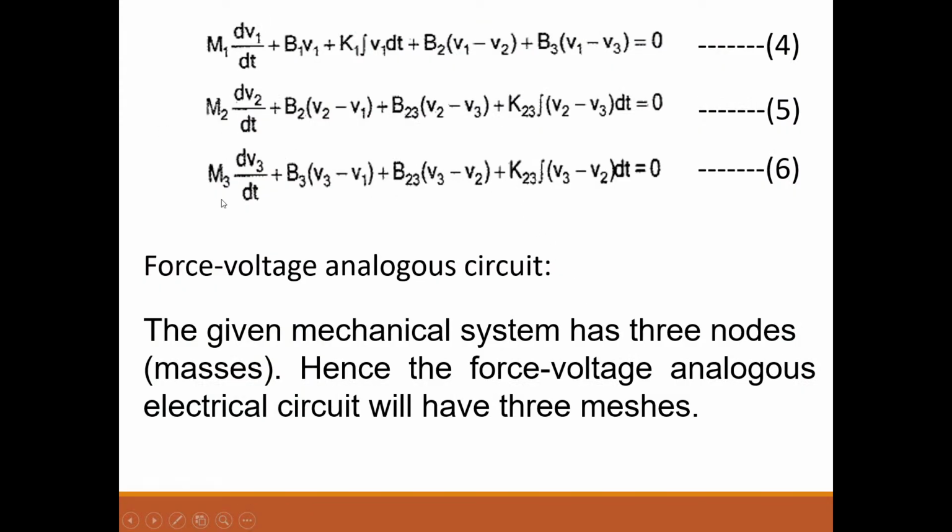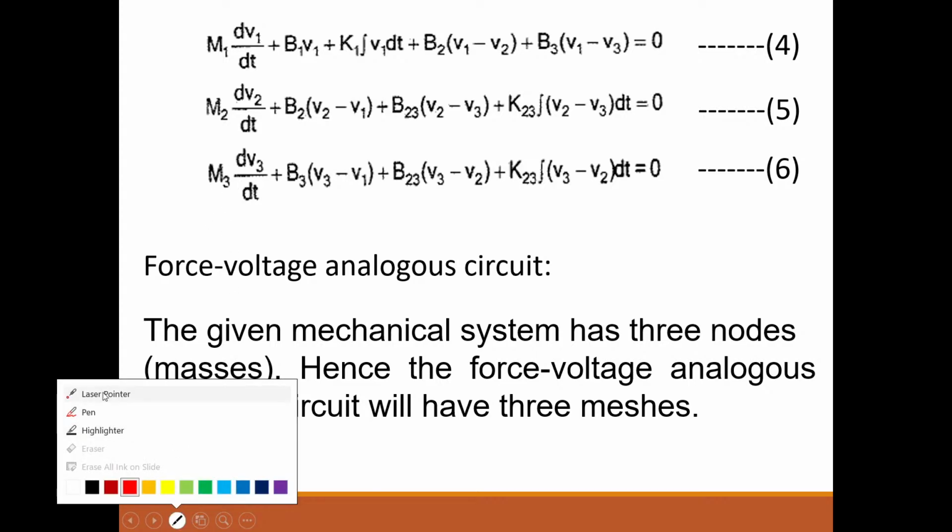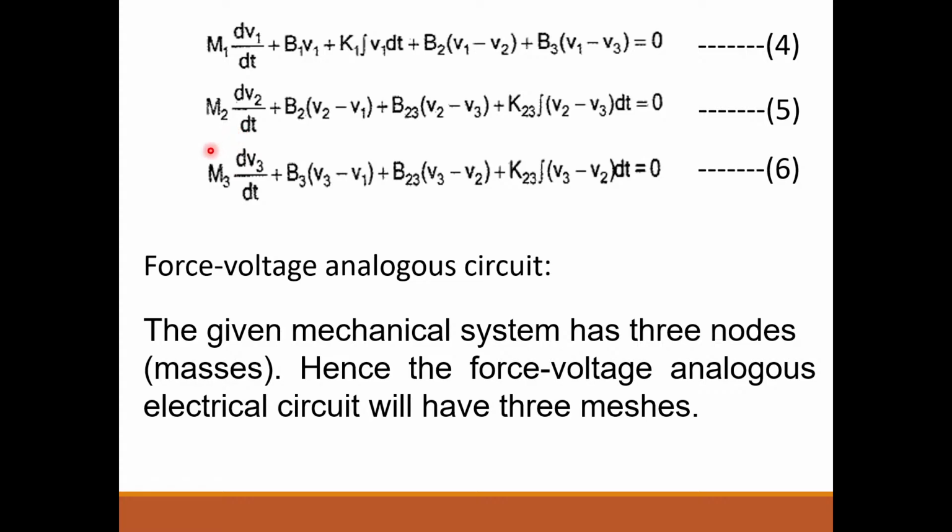So this is it. Similarly, you can take equation 3 and replace x with v. How to replace x with v we have already seen. You just substitute those three conditions: d square x by dt square is equal to dv by dt, dx by dt is equal to v, and x is equal to integral of v dt.